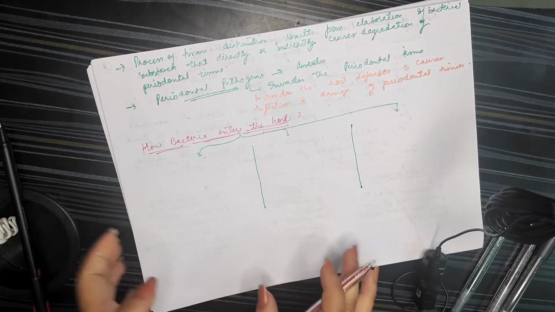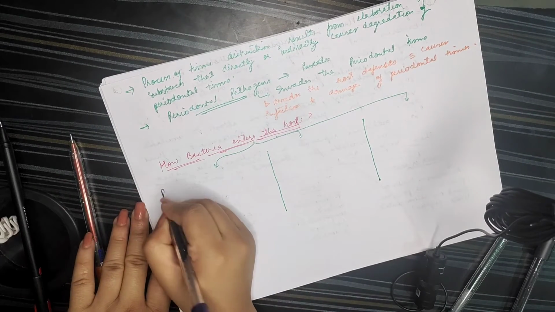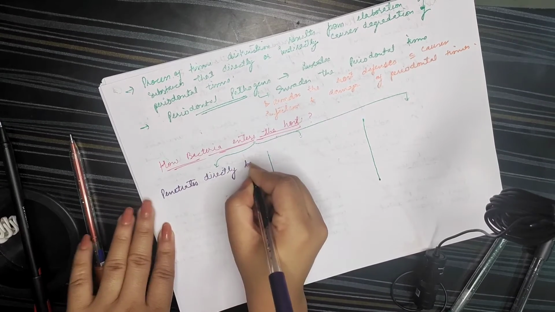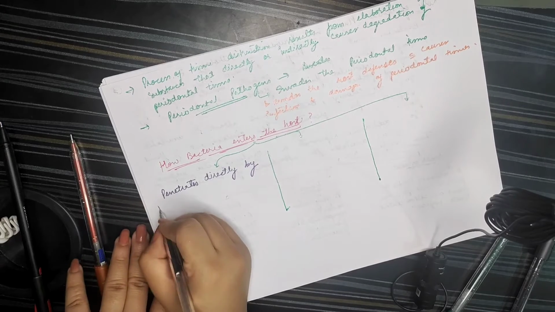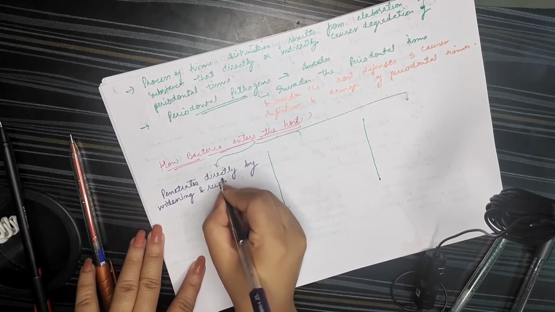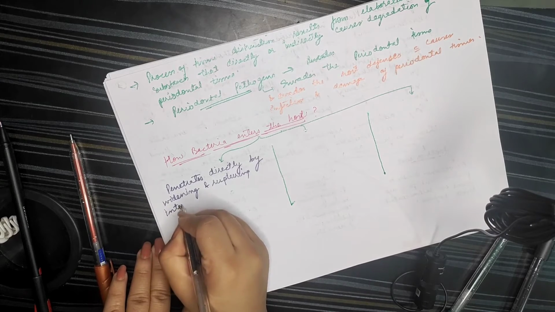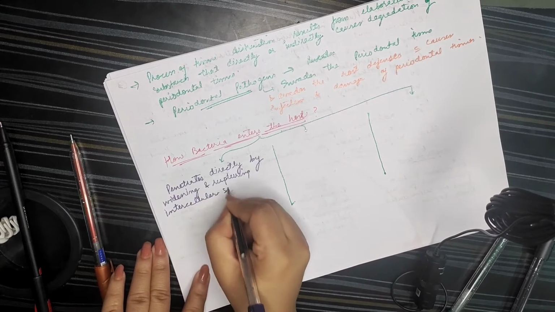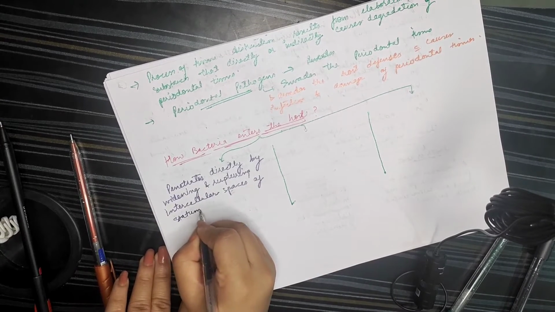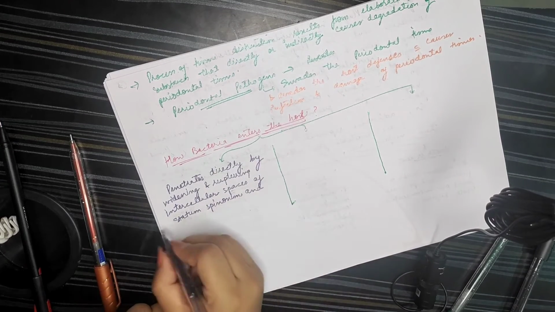So first of all, it penetrates directly by widening and rupturing intercellular spaces of stratum spinosum and perforation found in basal lamina.